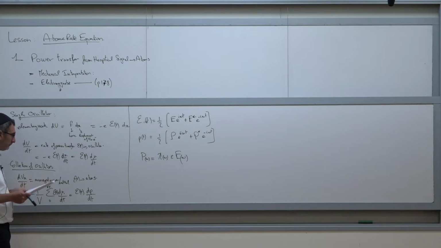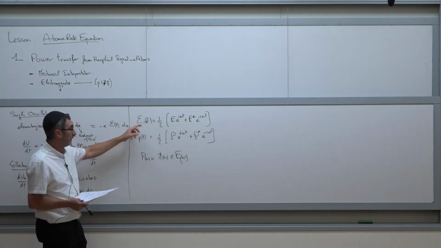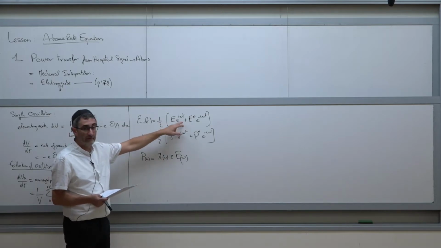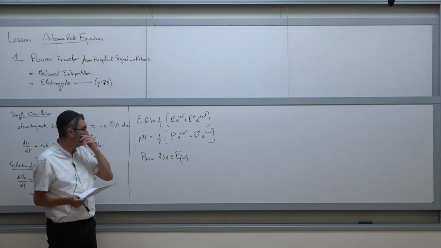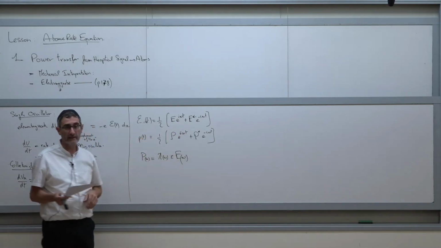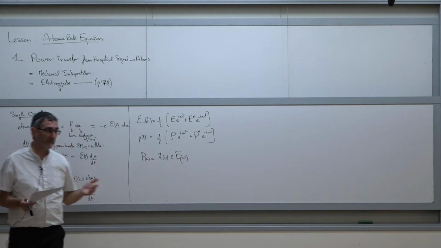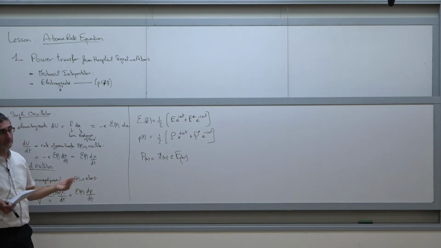When you do the product here, you'll have terms with i omega t and i omega t. It will give you 2 omega t or minus 2 omega t, and some terms will cancel. You get a constant term, omega t and minus omega t will cancel.